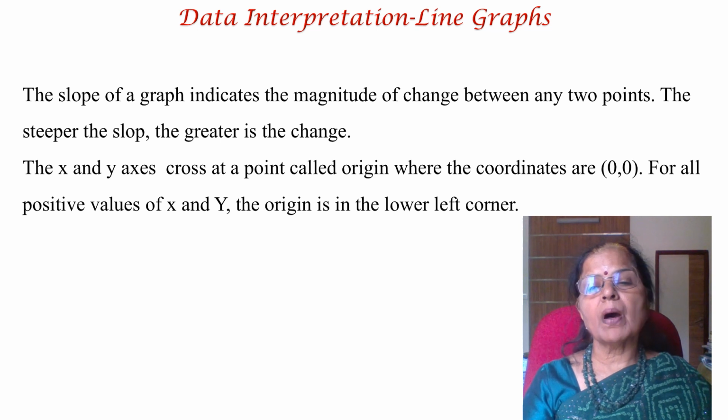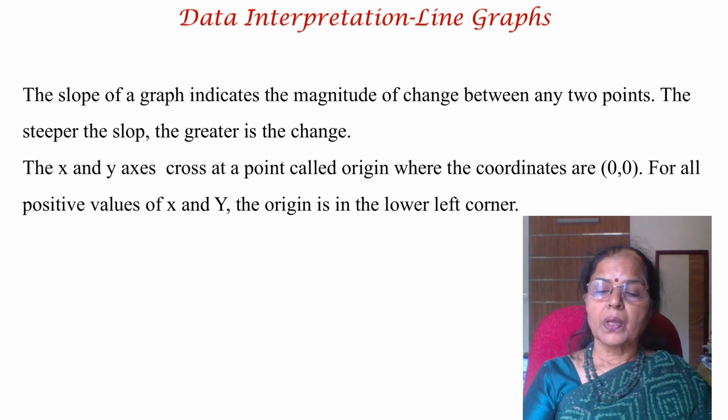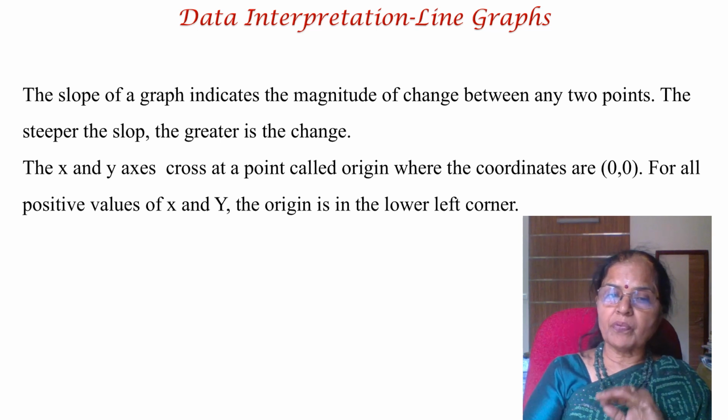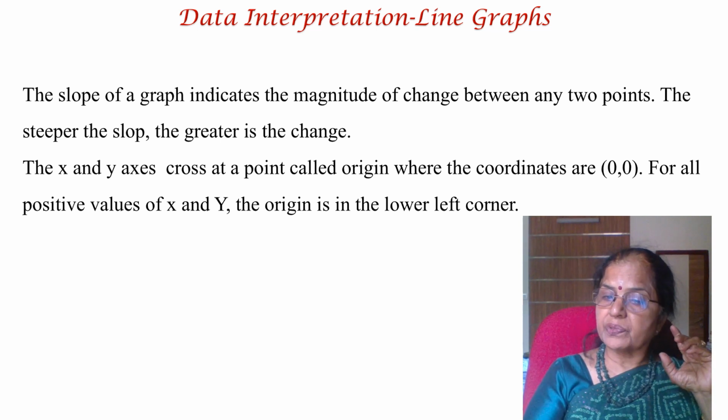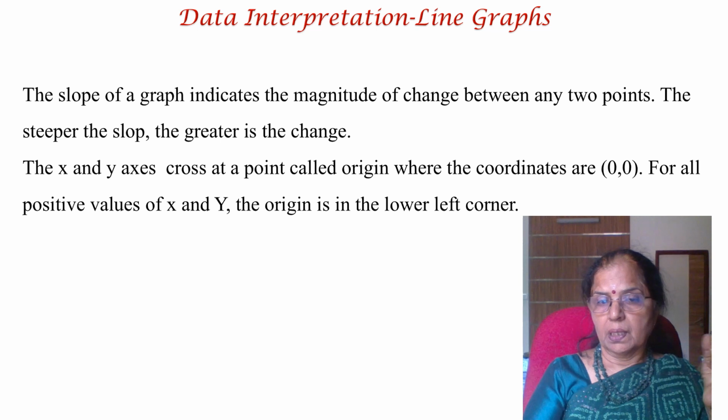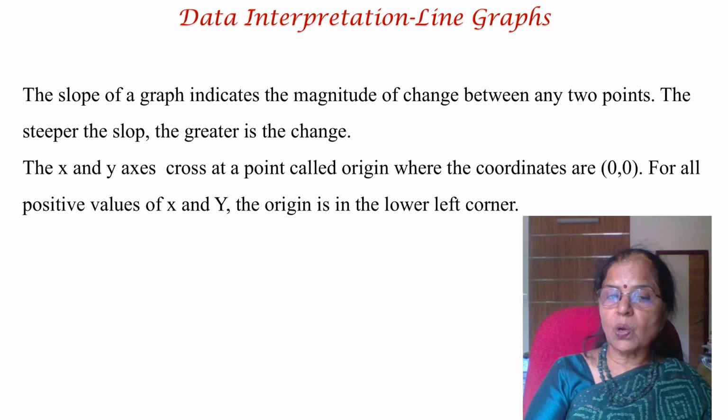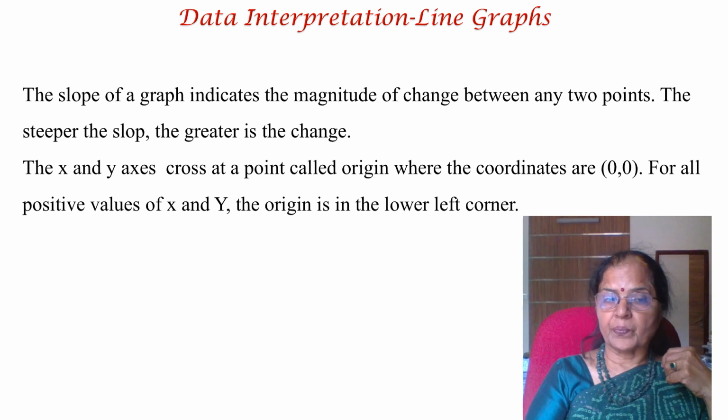And while talking about line graphs, always the slope of the line indicates the magnitude of change between these parameters, between any 2 points. The steeper the slope, the greater is the change. We will see it in the graph which is given in the next few slides.